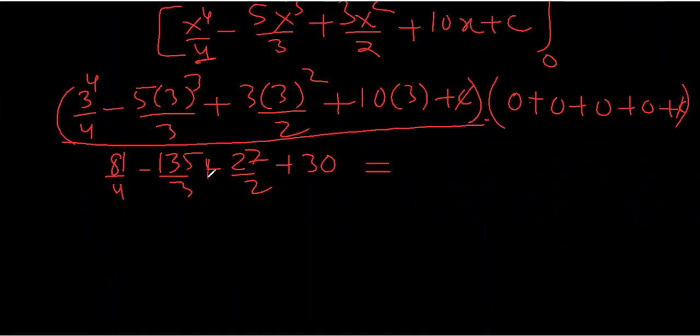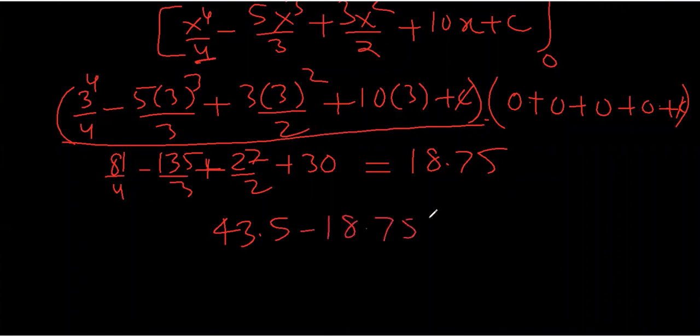Actually, this is positive. And I got 18.75 here, and earlier the area of the trapezium was 43.5 minus 18.75. It will be 24.75 units square.